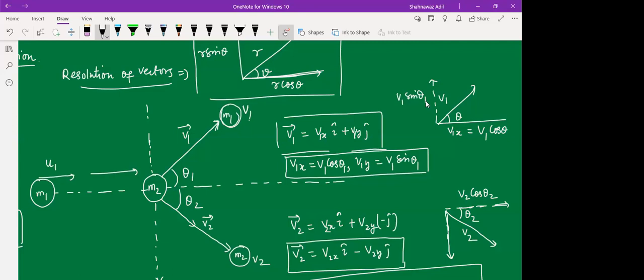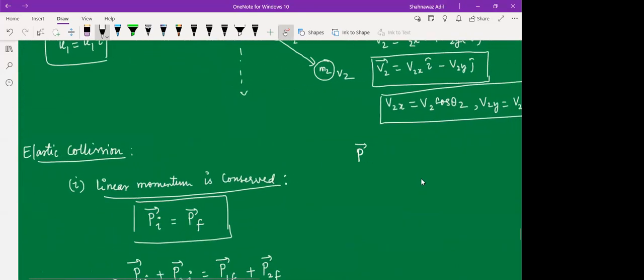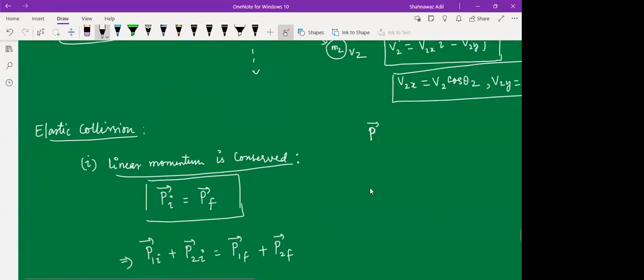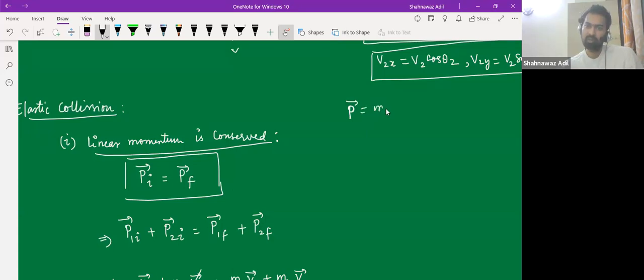Can you scroll? The term was what? Mass into velocity, right?